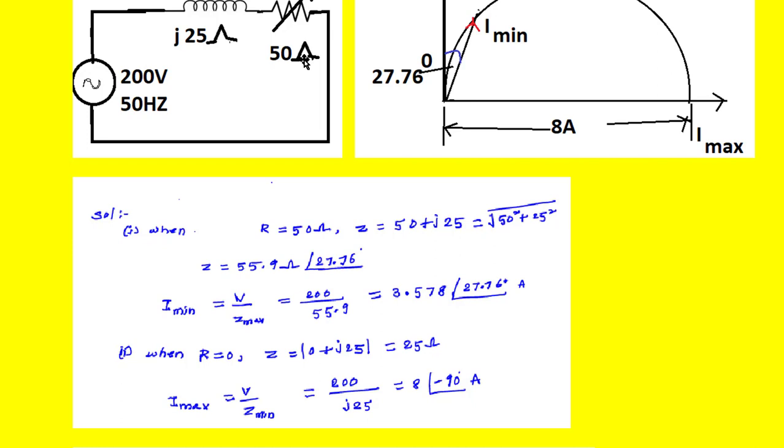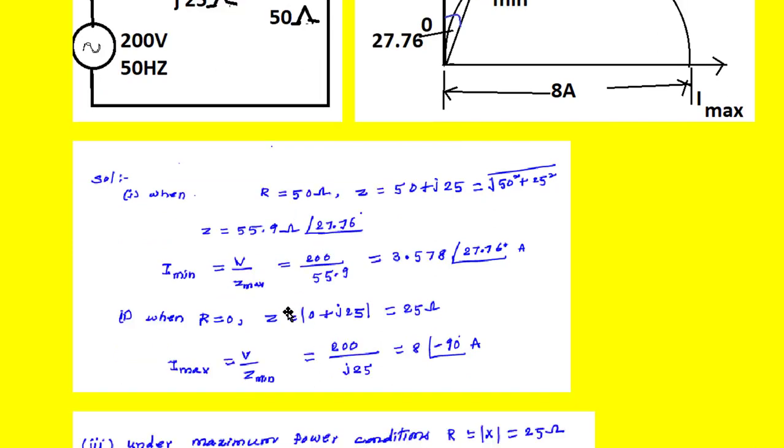Taking this and this full values, then we get the maximum impedance, that is 50 plus j25, which means 55.9 ohms at an angle of 27.76 degrees. Then applied voltage divided by the maximum impedance will give us the minimum current that flows in the circuit, that is 3.578 amperes at an angle of 27.76 degrees.